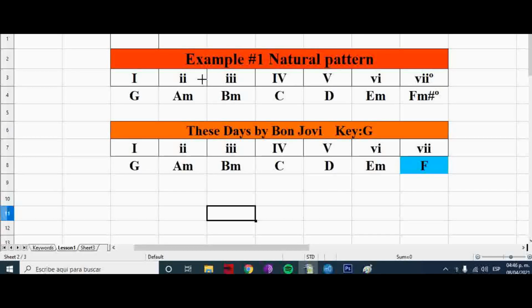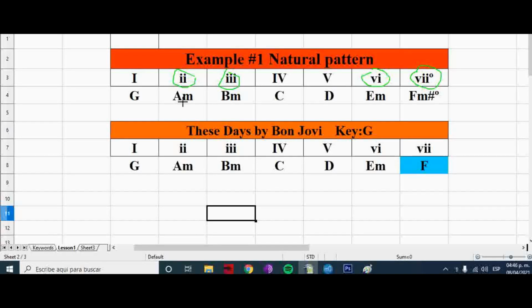But notice that the 2, 3, 6 and 7 are lowercase. Why? It's just to indicate that they are minor notes.